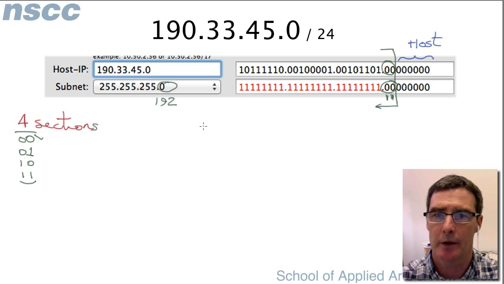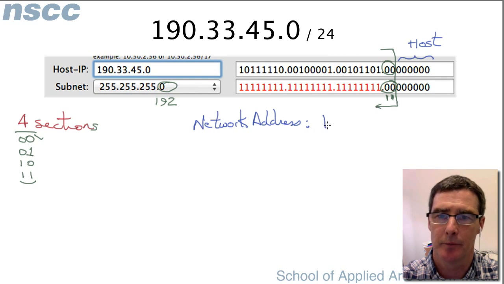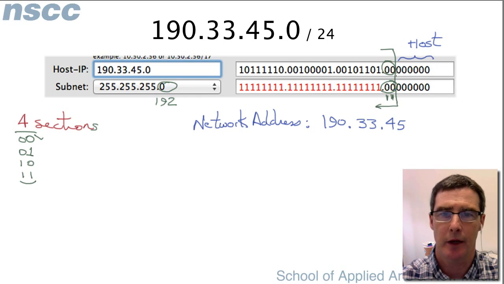So if we look at the address of the network, we would have 190, this number here, dot 33, dot 45. These 2 bits are a 0 for our first network, and the network address has all the host bits as 0, so this is going to be a 0.